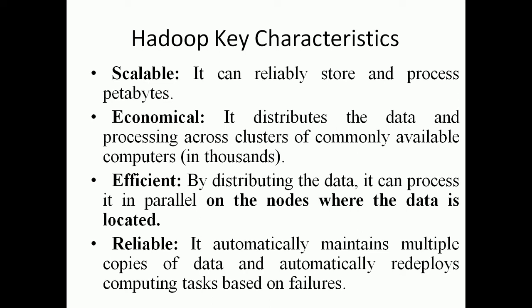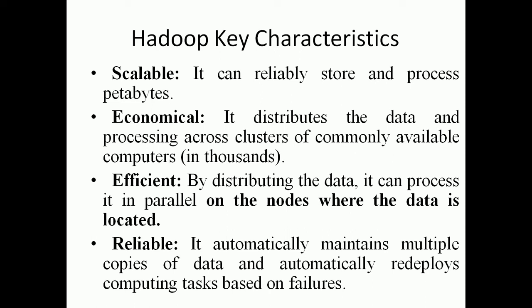Reliable: it automatically maintains multiple copies of data and automatically redeploys computing tasks based on failure. That means day by day you can add commodity hardware. It is more economical, efficient, as well as more reliable.